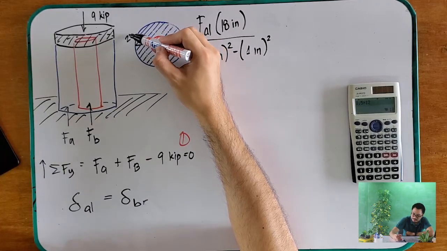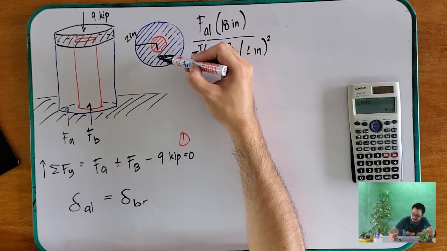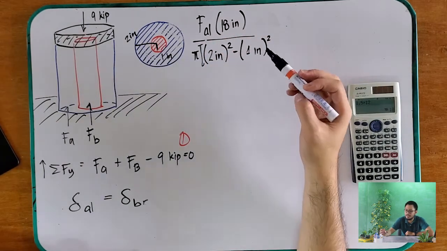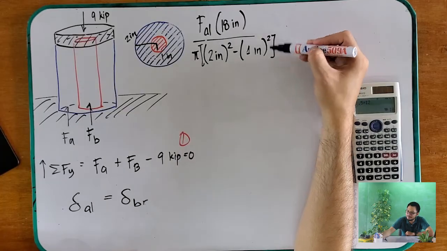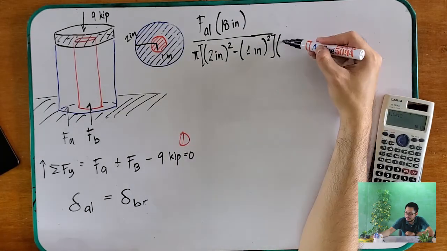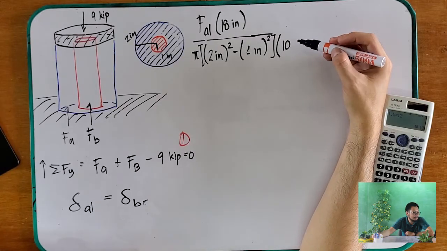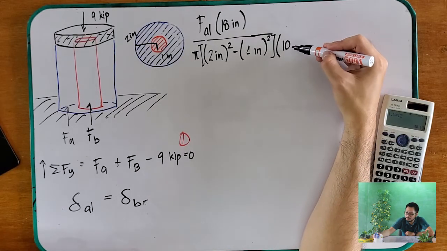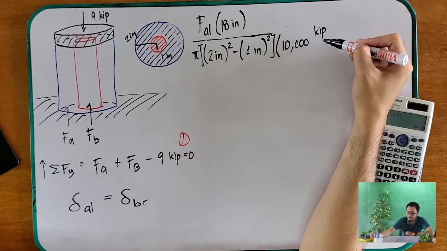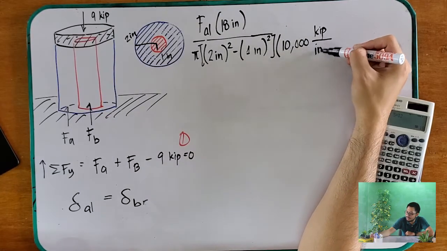And your modulus of elasticity is 10,000 kilopounds per square inch.